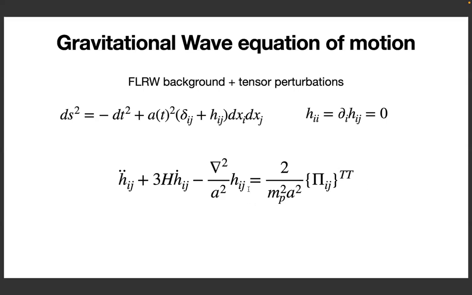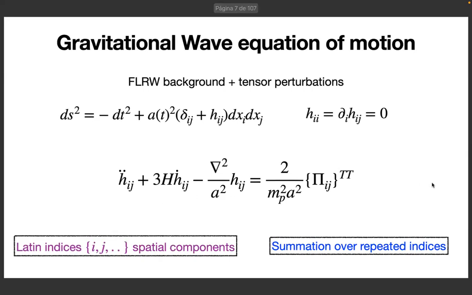But you can see the tensor perturbations of the spatial component of the metric have a wave-like equation. So just to set the ground, i and j here, the Latin indices, are meant to be spatial components, and summation over repeated indices is implied.